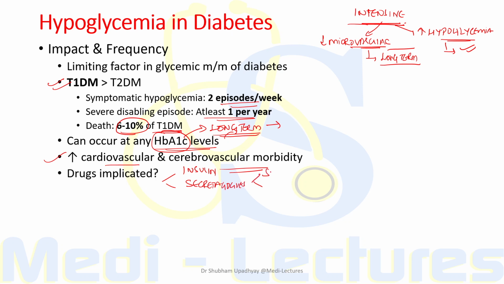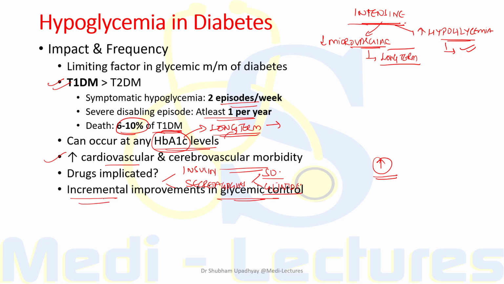These secretagogues include sulfonylureas as well as glinides, repaglinide, nateglinide, etc. Now, other anti-diabetic drugs like metformin, thiazolidinediones, alpha-glucosidase inhibitors, GLP-1 agonists, DPP-4 inhibitors, SGLT2 inhibitors, they will not cause hypoglycemia independently, but can increase the risk of hypoglycemia when these are combined with insulin or secretagogues. Now, it is very important that we must always try to improve the glycemic control incrementally. We should never target to control the blood glucose levels very rapidly.